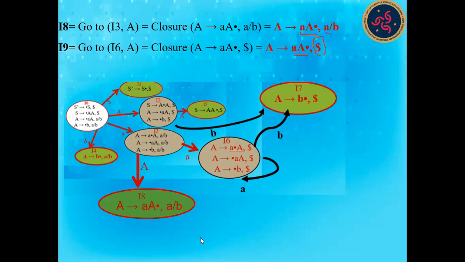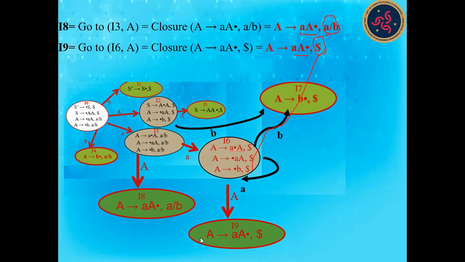In I8 it is A or B, whereas in I9 it is the dollar symbol. So when capital A comes in I6, a new state I9, that is A gives A dot, comma dollar.